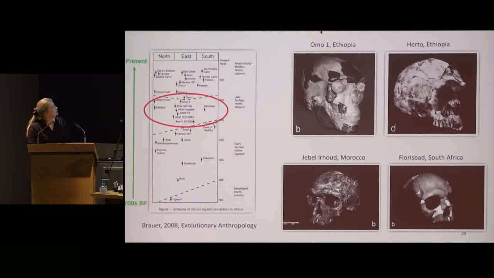Even though this record might look like there are some gaps, these are just fossils that happen to preserve. When we look at the archaeological record of stone tools on the landscape, we see continuous occupation of these very different places on the African continent. And in this time period, archaic humans are transitioning into modern human forms in different places in Africa.